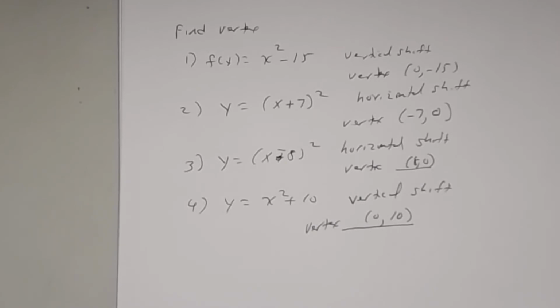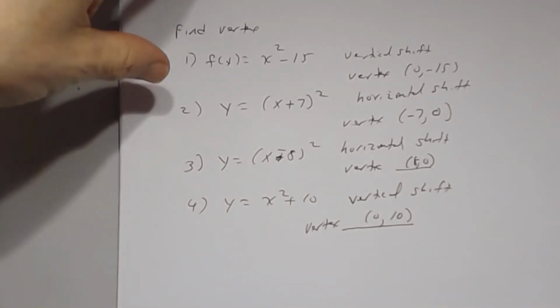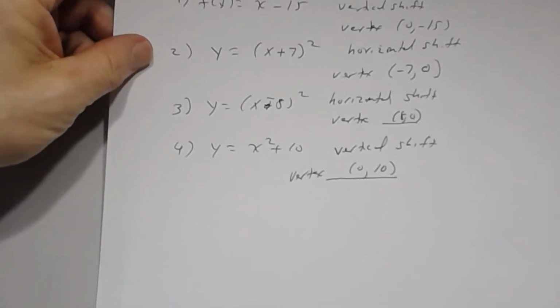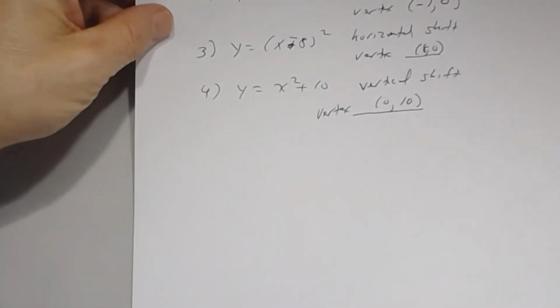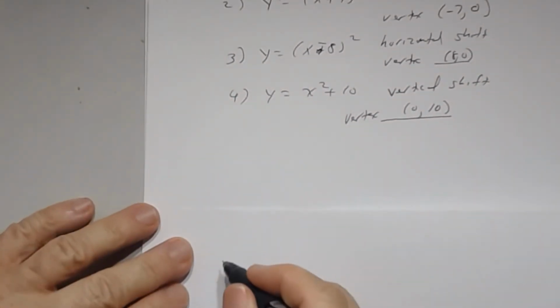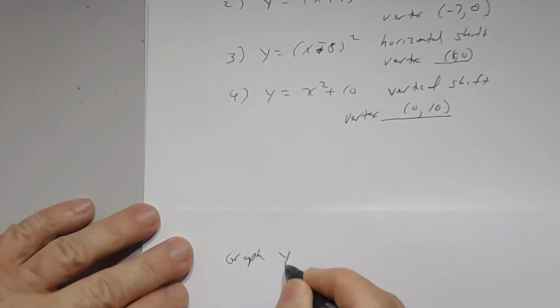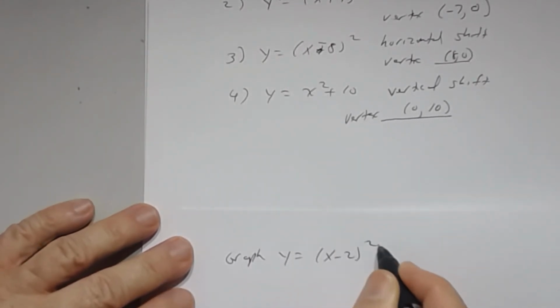All right, now let's graph this one. We're going to have the discussion again. So let's graph y equal x minus 2 squared. First of all, we determine if it's horizontal or vertical.